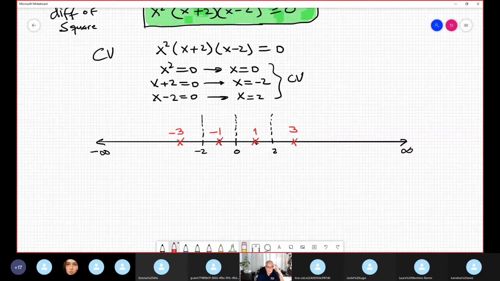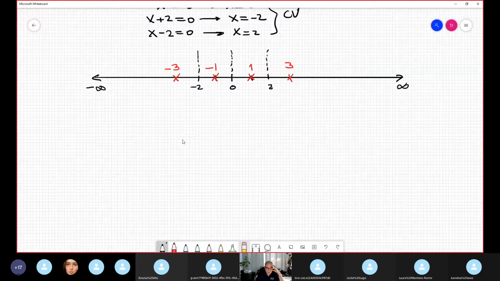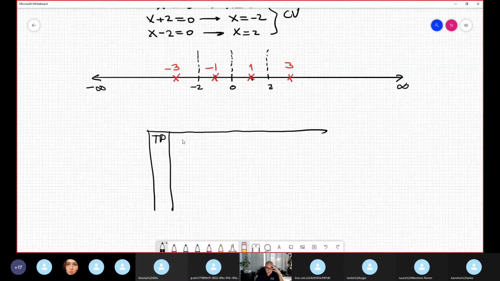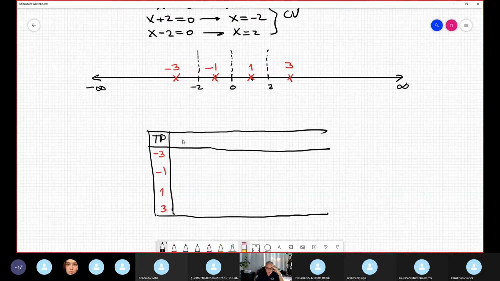Okay, when you pick that, this is a crucial moment in which you build a table. My famous table. Remember, the organization for the table is always the same. You have one column, the TP. In this column, you write the testing points: negative 3, negative 1, positive 1, and positive 3. Each testing point represents a row.